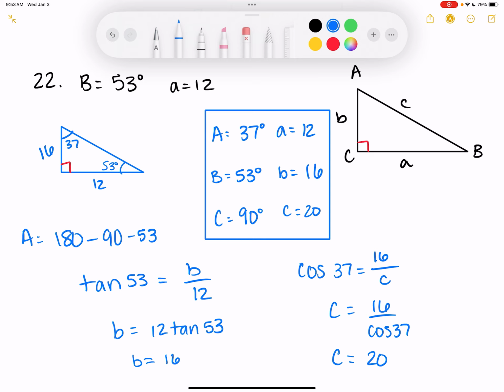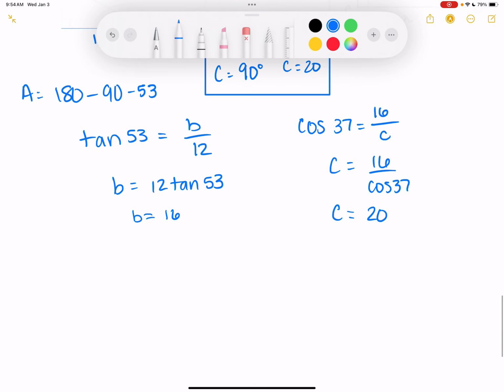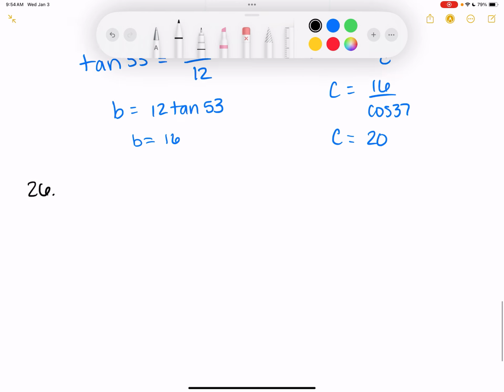Let's do 26. So again, they give you the same triangle that we had up here. Angle A is 49 degrees and side C is 27.